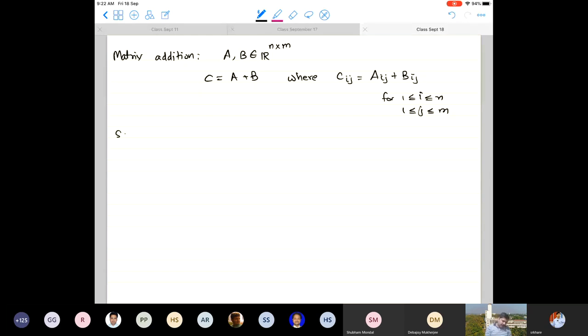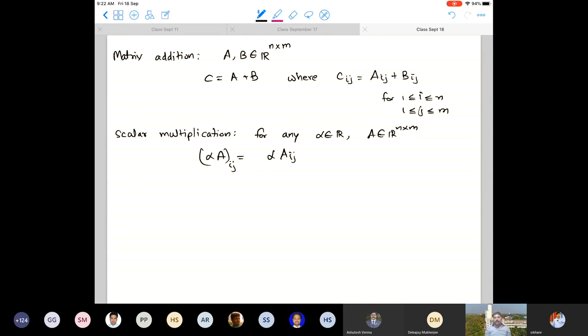And scalar multiplication, for any scalar alpha in R and matrix A in R^(n×m), alpha into A is scalar multiplication, and what is the ijth element? Alpha into A_ij. Correct? That's how the scalar multiplication is defined.